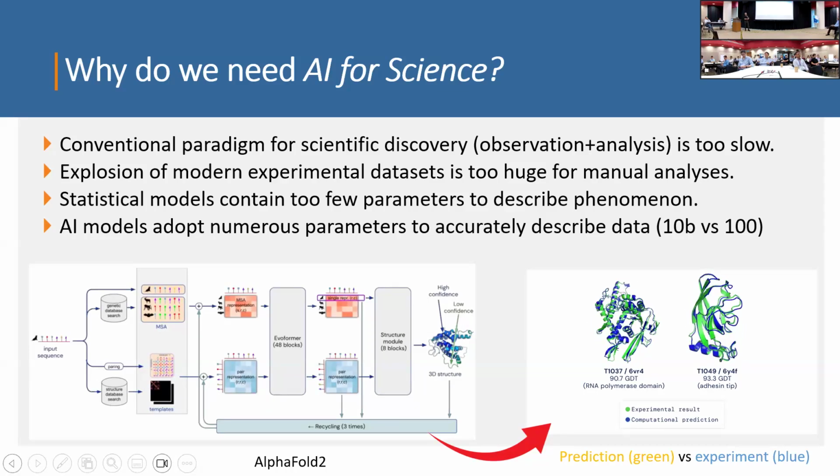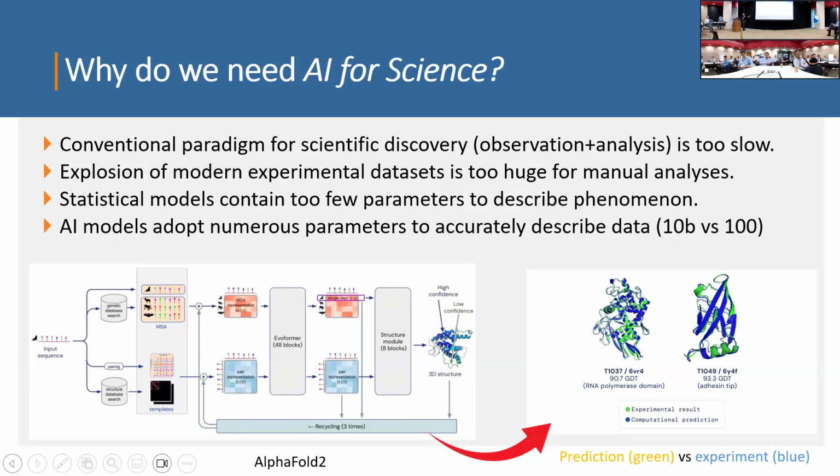It's a blind test. Here, the green is the predicted structure, and the blue is the experimental structure. You can see they're almost identical. That is really a huge breakthrough in this field, because we have been doing protein structure prediction for more than 50 years, but with only incremental progress.